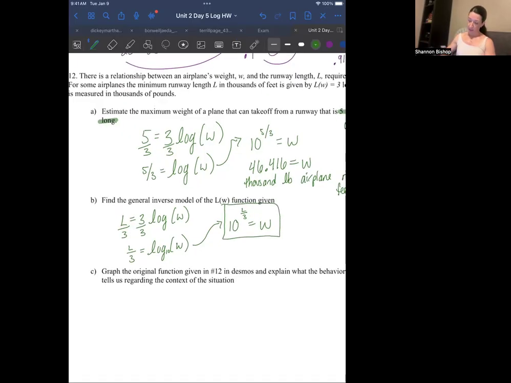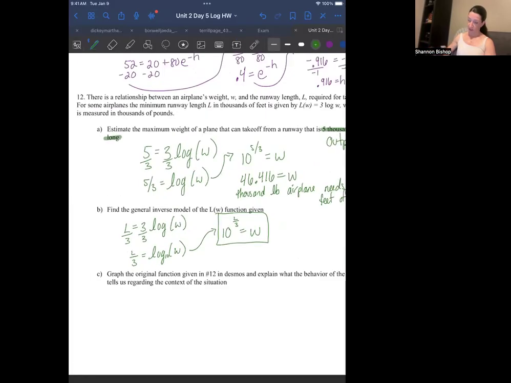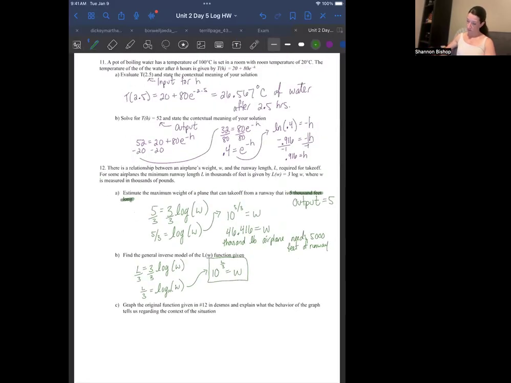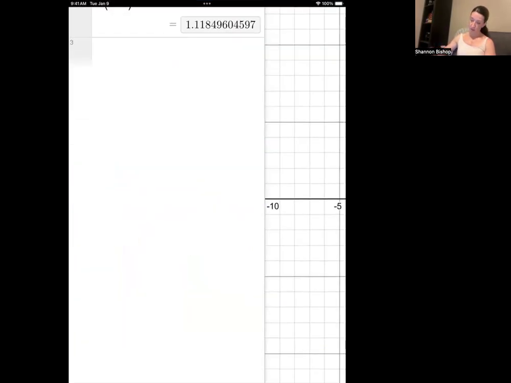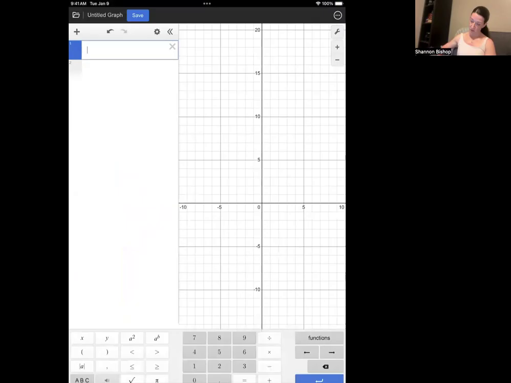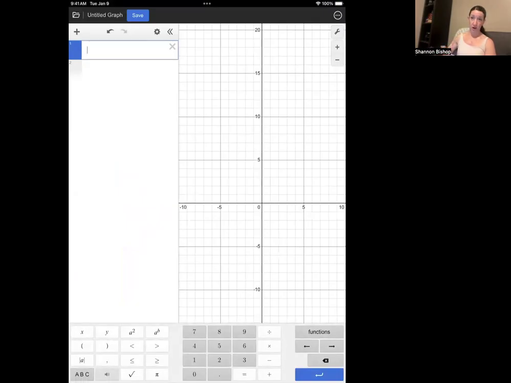All right, and then last but not least, we can graph this function in Desmos. So what was it? 3 log W? So if I go into Desmos and graph, Desmos is a computer, not a human, so I'm not going to say L of W. I'm just going to say Y equals 3.